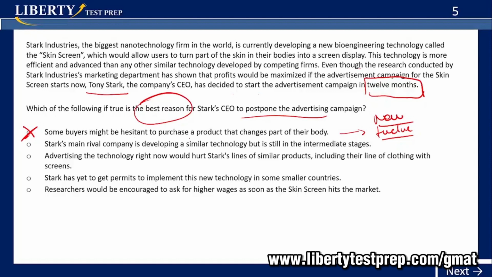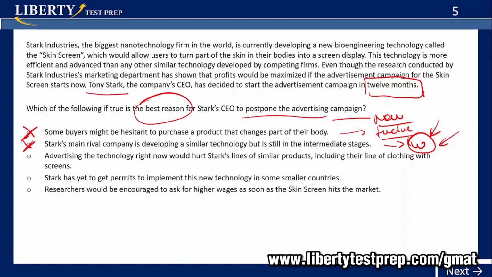So I think this one's a weaken. It suggests that the postponement of the campaign is wrong, because there are incentives for Stark Industries to release the product to the market right now. So that's not the answer. That's the opposite of what we want.